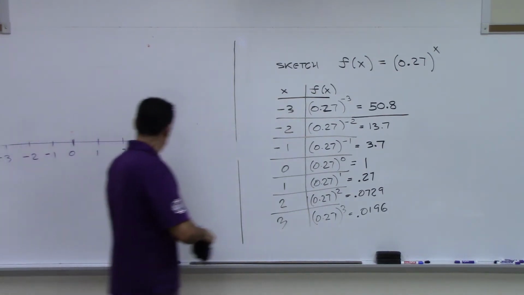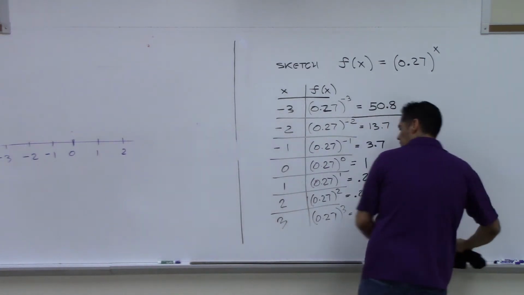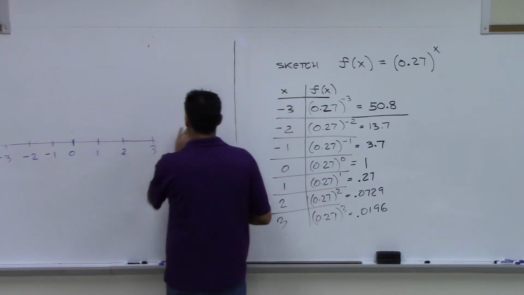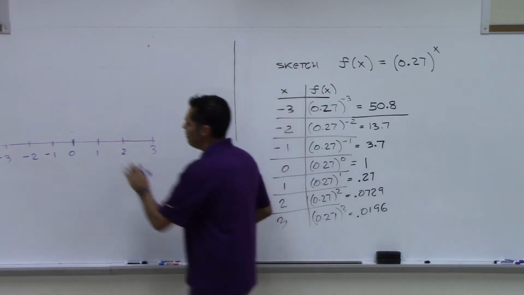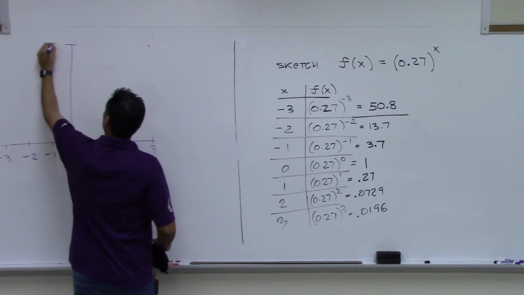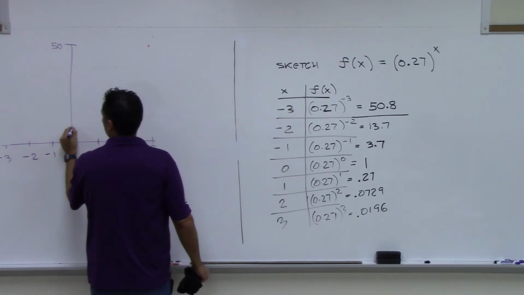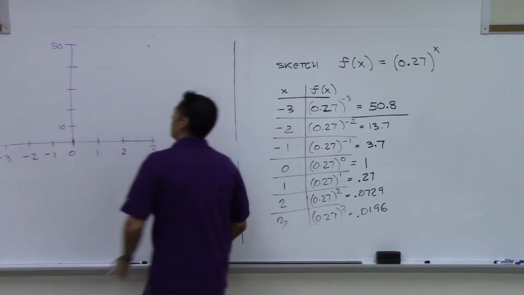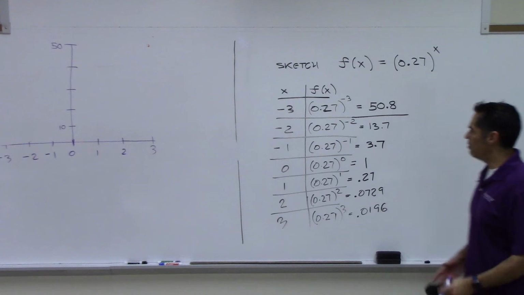Keep that there. There we go. All right, so I'm going to go up. The biggest value I need is 50. So I'll count by tens. 10, 20, 30, 40. That's 10. Let's see how this goes.